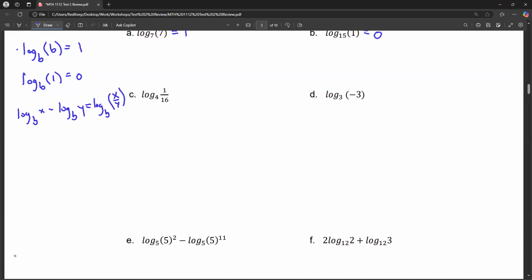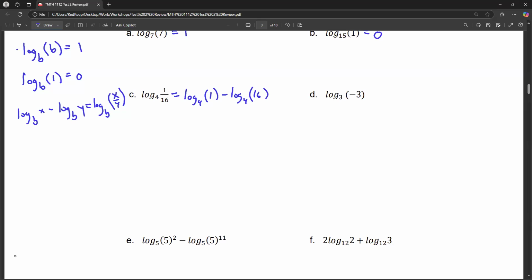In our scenario, we can pull this apart, doing the reverse of this rule. So this becomes log base 4 of the numerator of that fraction, minus log base 4 of the denominator, 16, of that fraction.